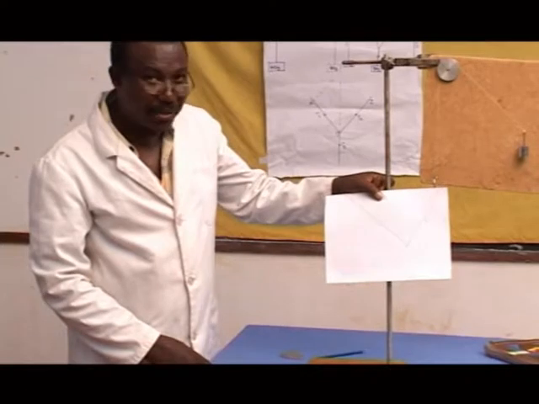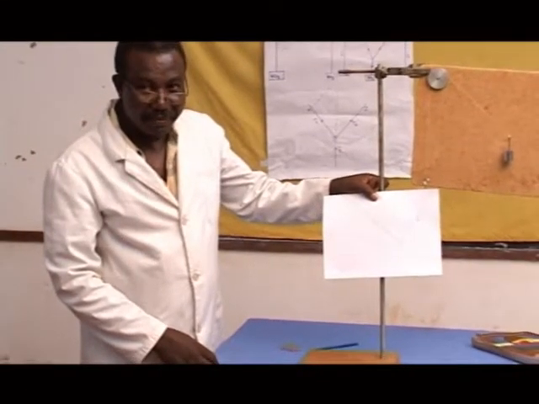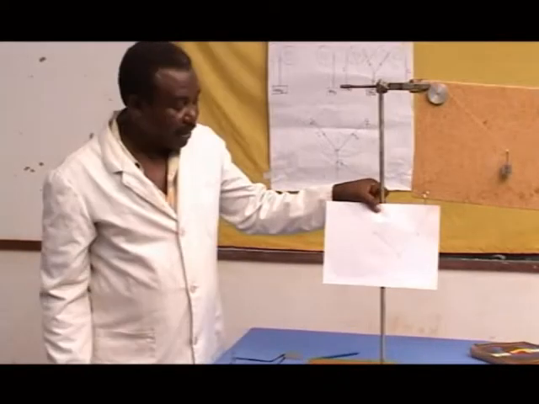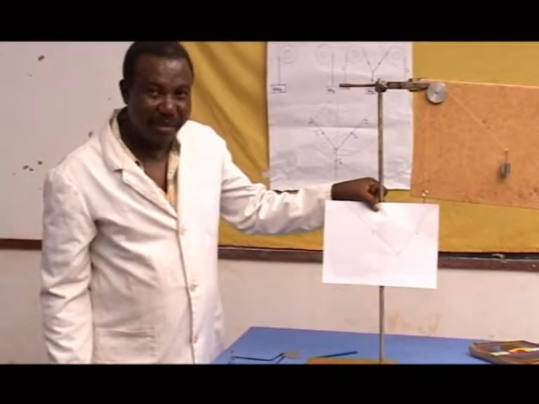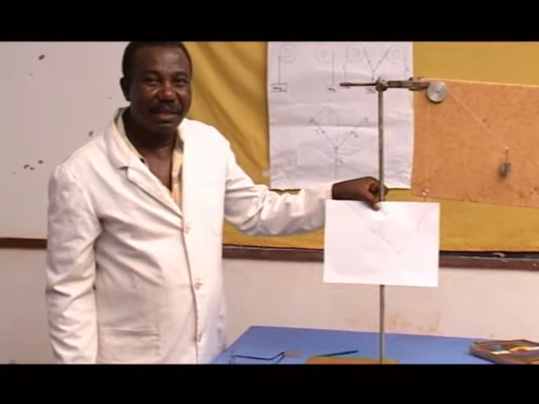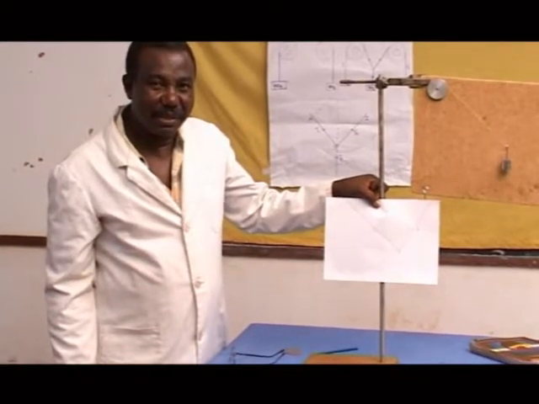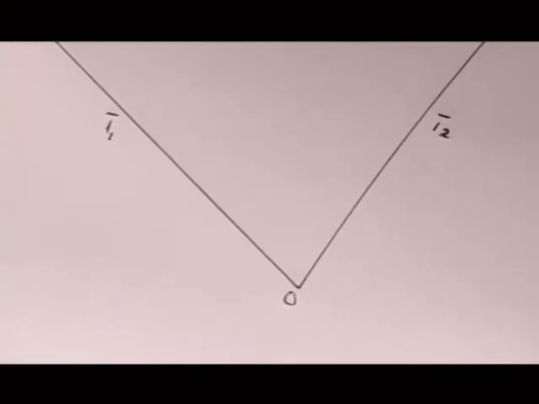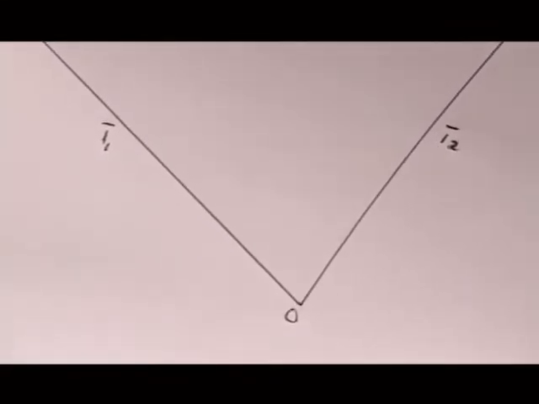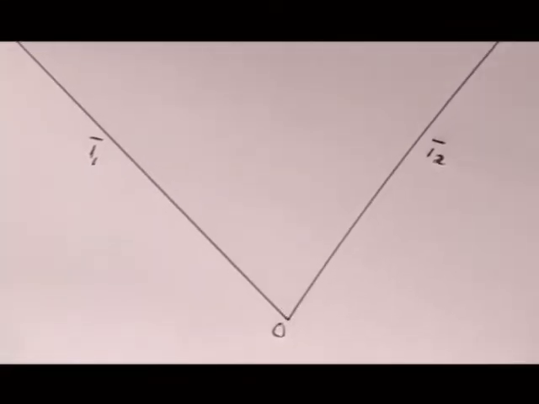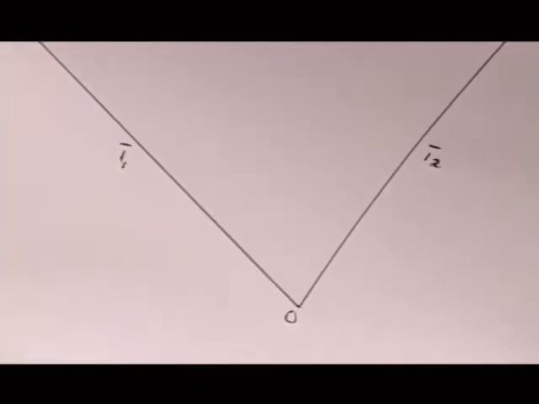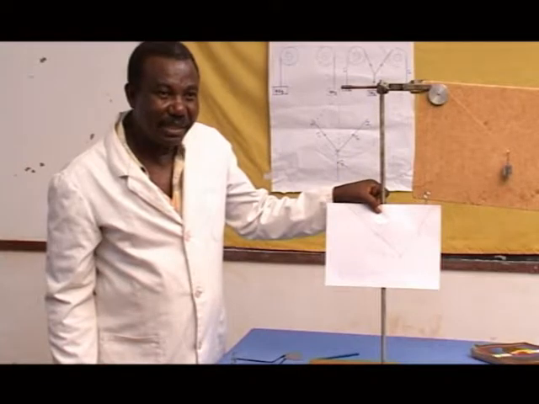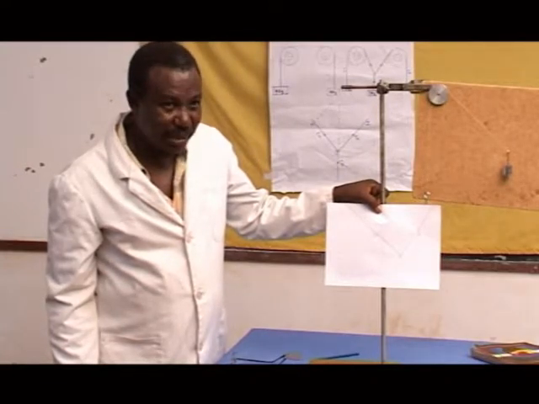Use a suitable scale to complete the parallelogram. Say 1 centimeter to represent 5 grams. By using that scale, 40 grams will be represented by 8 centimeters and 50 grams will be represented by 10 centimeters.